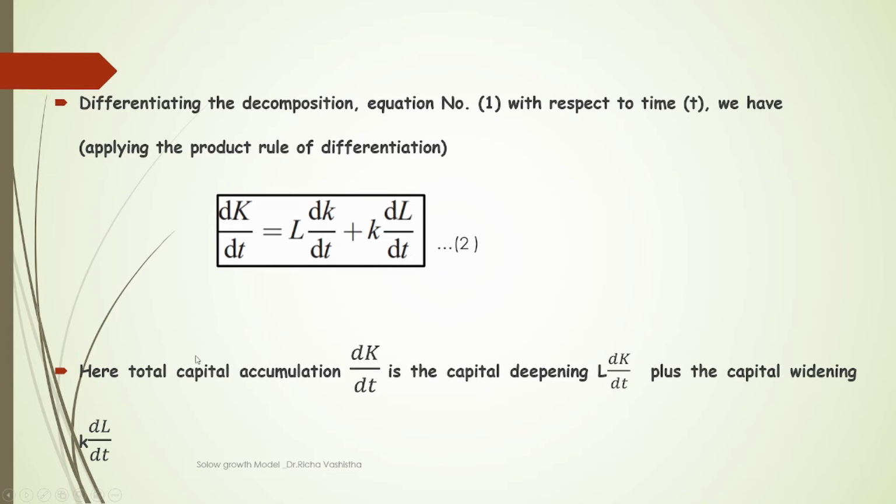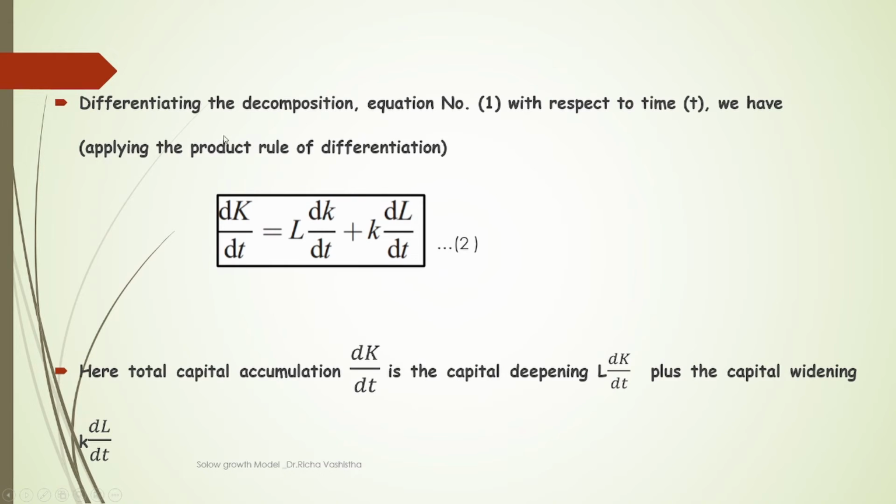Now what is this equation showing? This part is the capital accumulation part. It is the summation of the capital deepening part that we have already seen, plus the capital widening part.